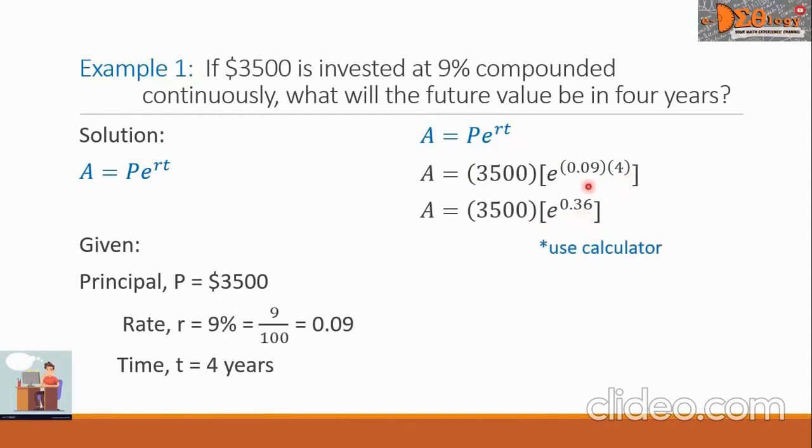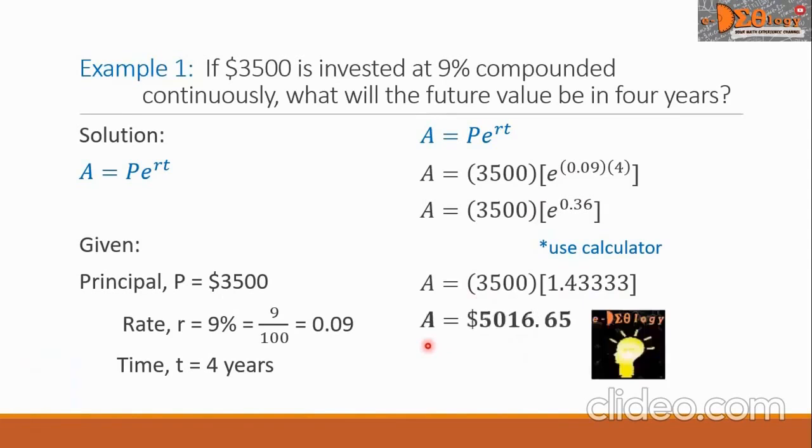Let us use our calculator to get this value, and the answer will be 1.43333. This decimal we will multiply to 3,500 and the product will be 5,016.65. This is our A. This is the future value. Of course, we will attach our dollar sign, and this is our final answer.